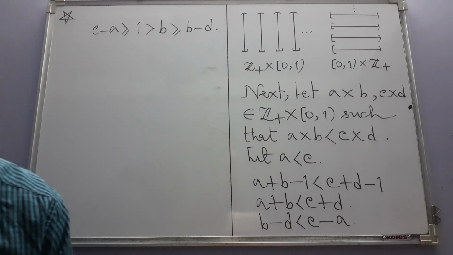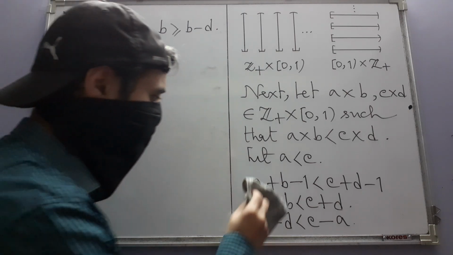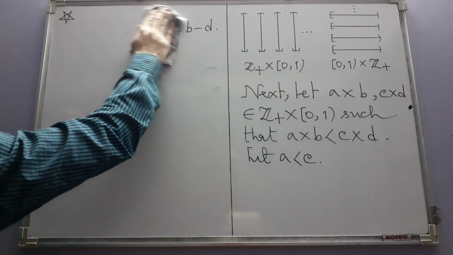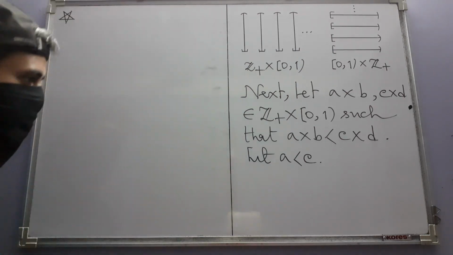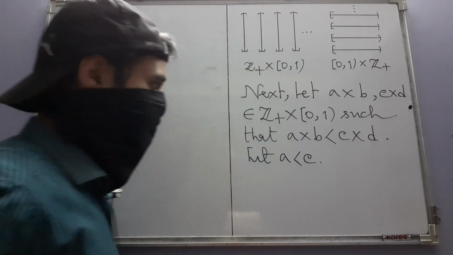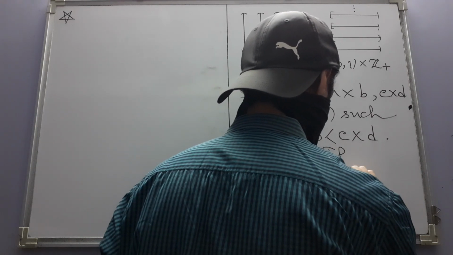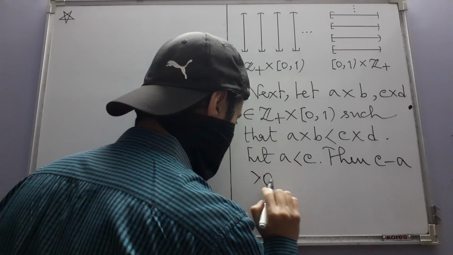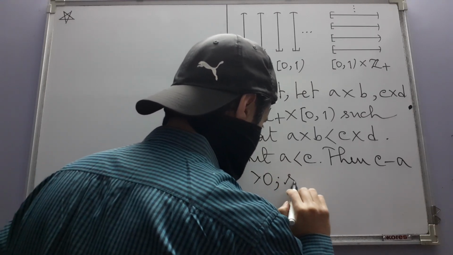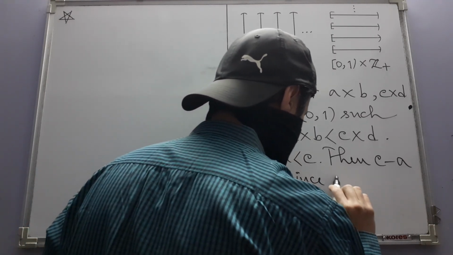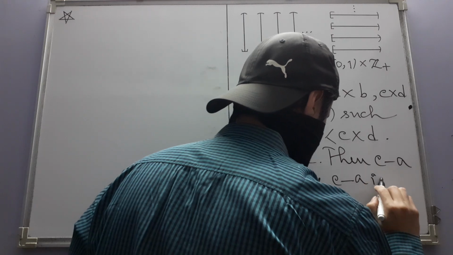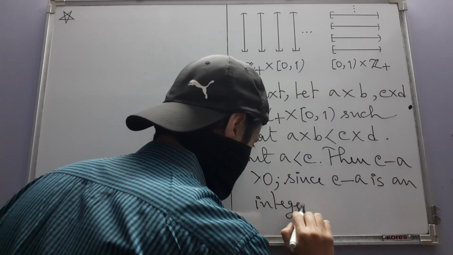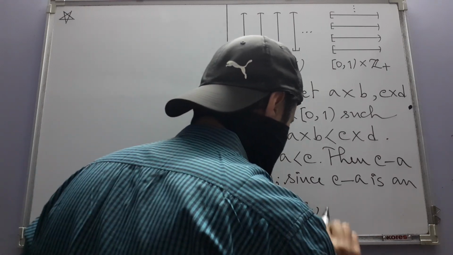Okay, so now we can write this systematically. Then C minus A is positive, since C minus A is an integer, because A and C are integers.